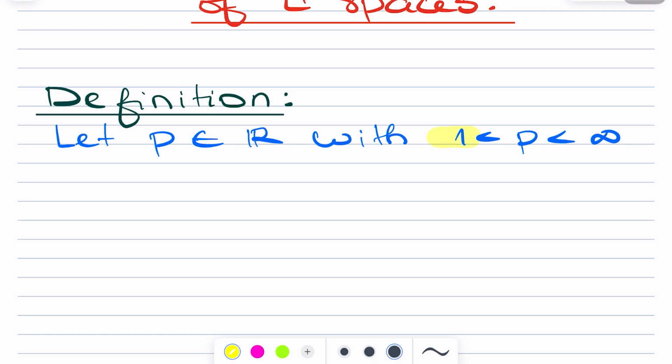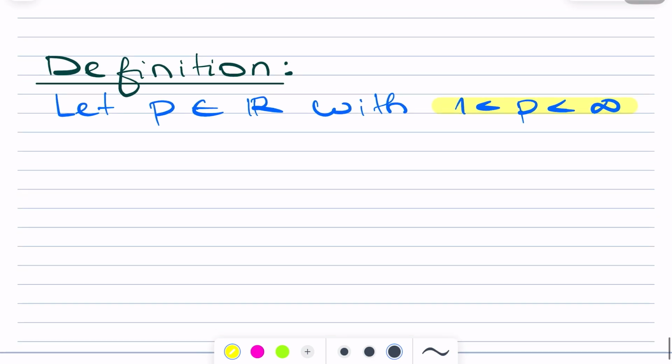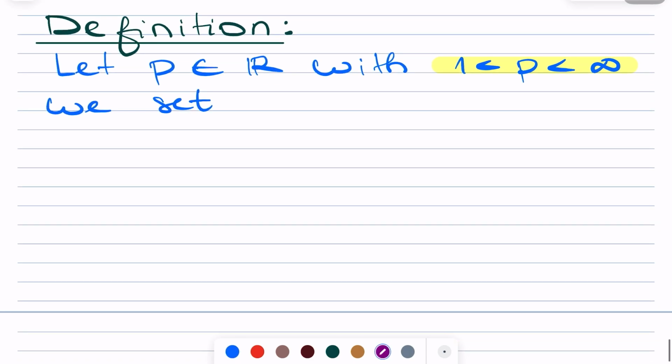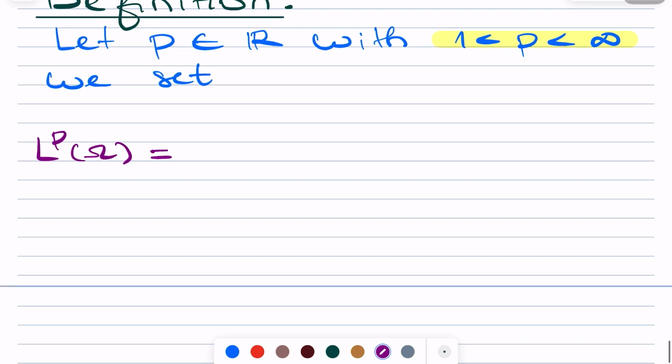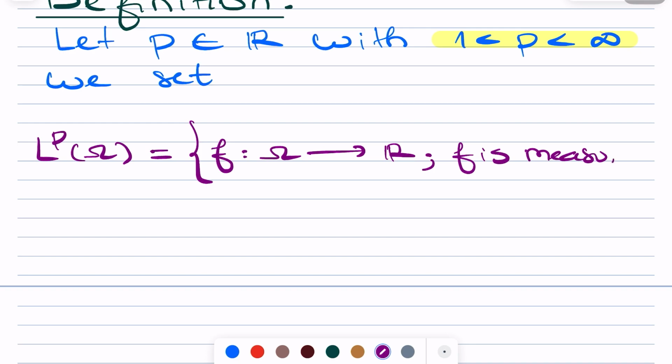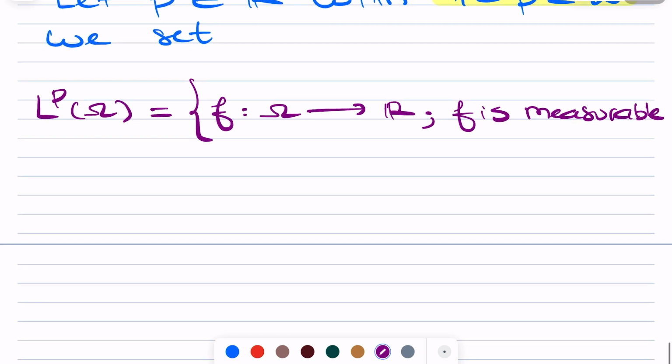We set LP of Omega equal to the set of functions f defined from Omega into R such that f is measurable and the absolute value of f raised to the power p is integrable.